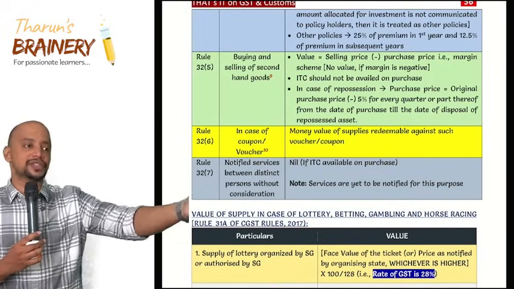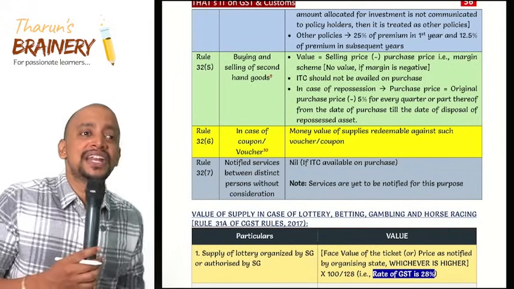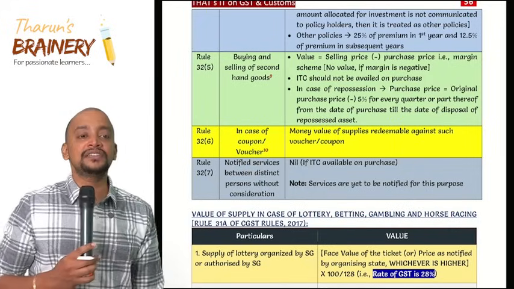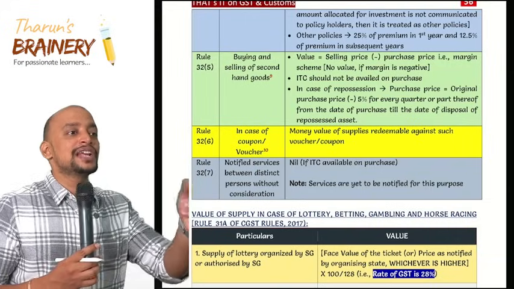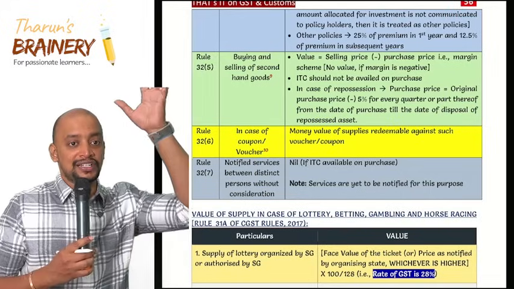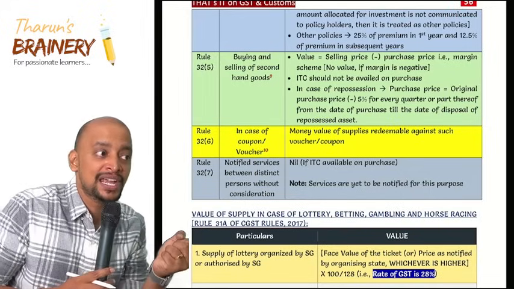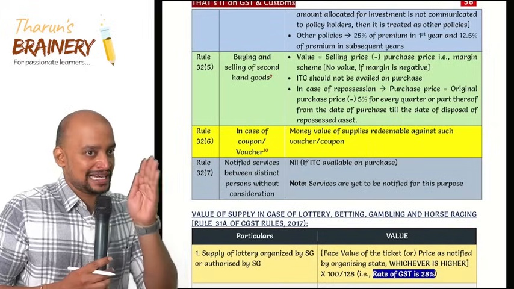He will repossess that lorry and sell it off, because he needs to recover his finance amount now. So whenever he repossesses the lorry and sells it, he is as good as a second hand dealer in goods, because he is not buying a new lorry and selling it. At the time when he repossesses it, it will be a second hand lorry only, and when he sells it, he will come under second hand dealer in goods.